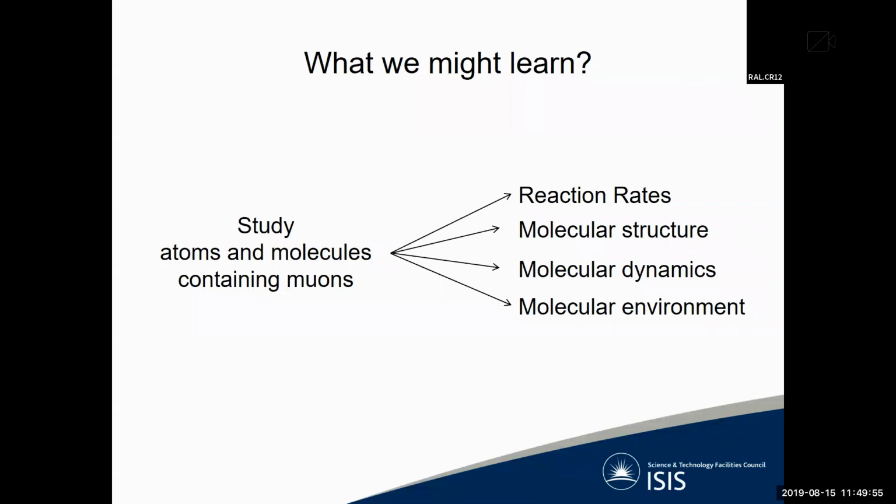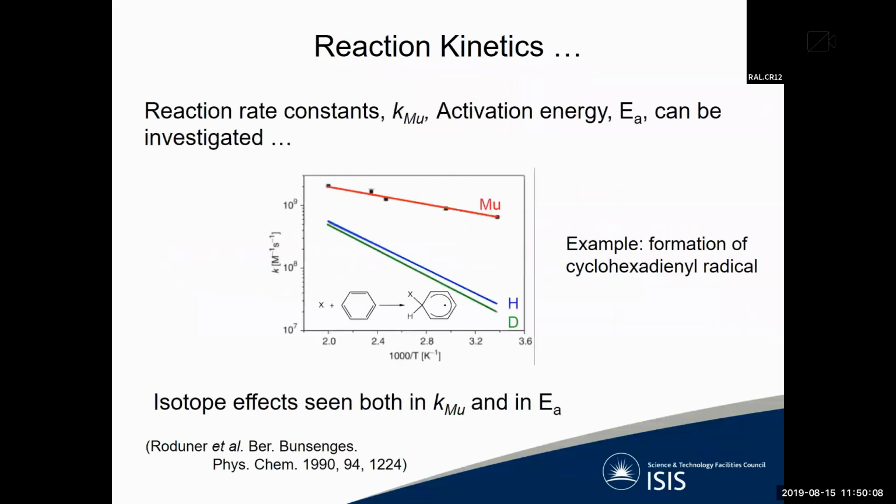All these things people have come along and used muons to do chemistry experiments to augment other studies that they're looking at to work in these areas. So what I'll do now is just very briefly show you an example of how people have used muon chemistry in each of these areas.